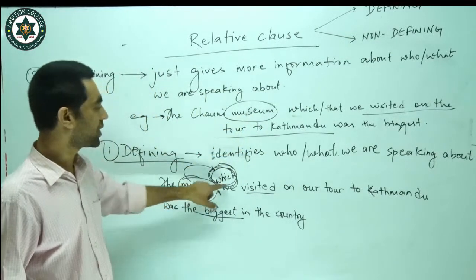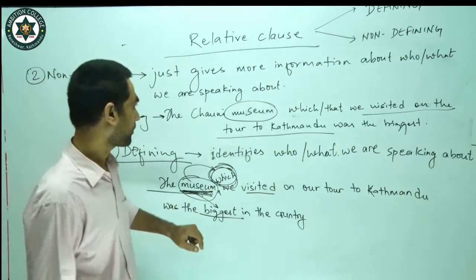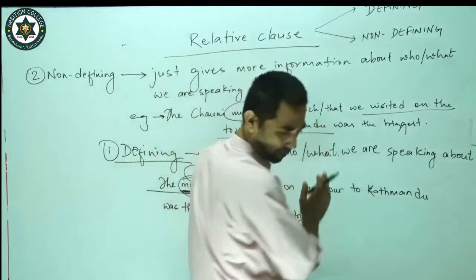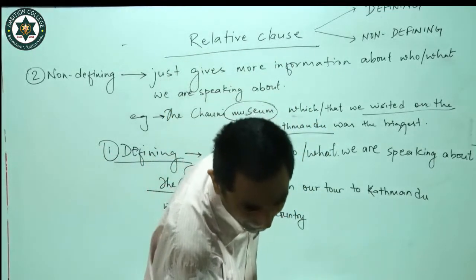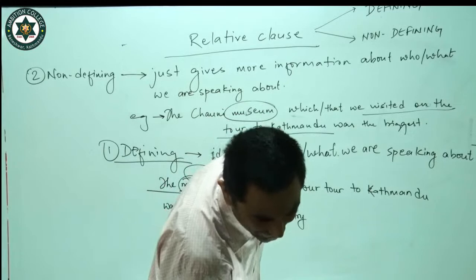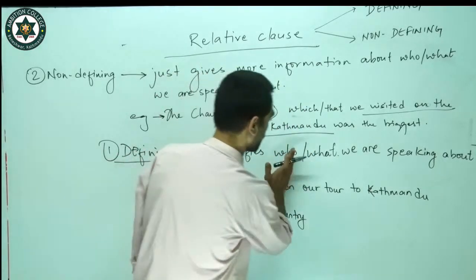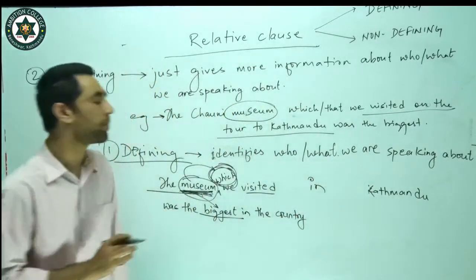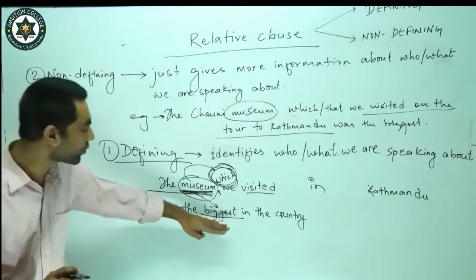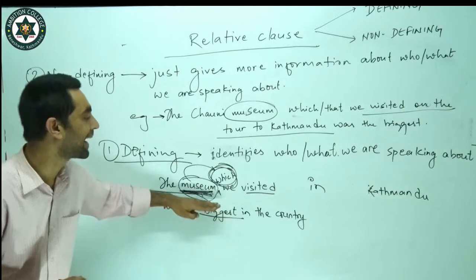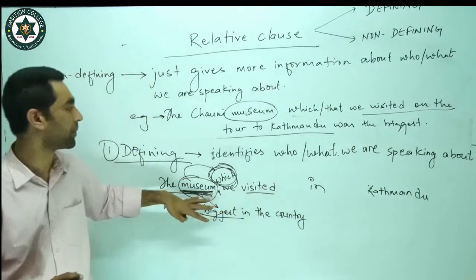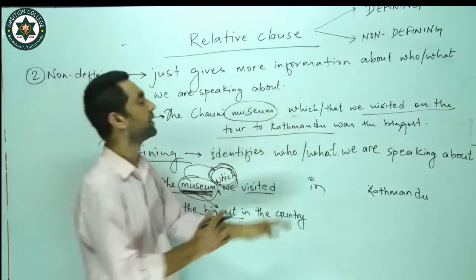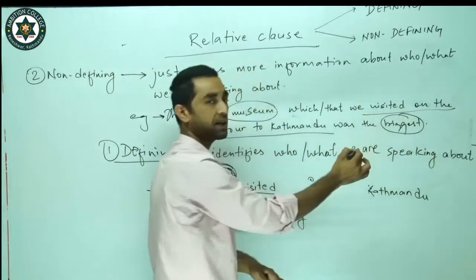But here the museum which we visited, oh, okay, sorry, I just made a mistake. The museum which we visited in Kathmandu is the biggest in the country. Here what we are doing is we are getting the direct definition of the museum. But here we are just supplied with the additional information.